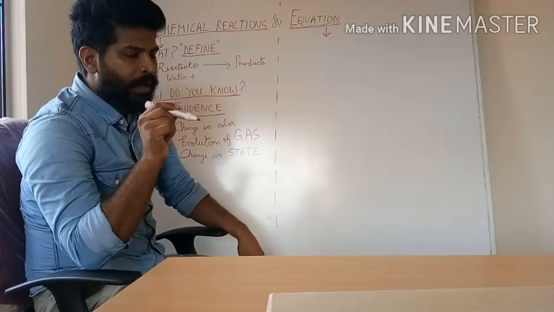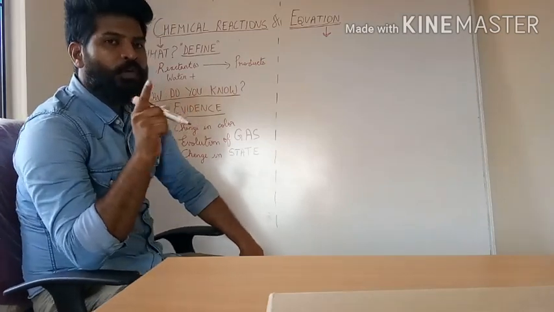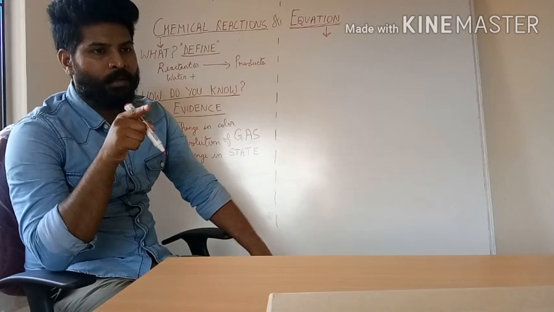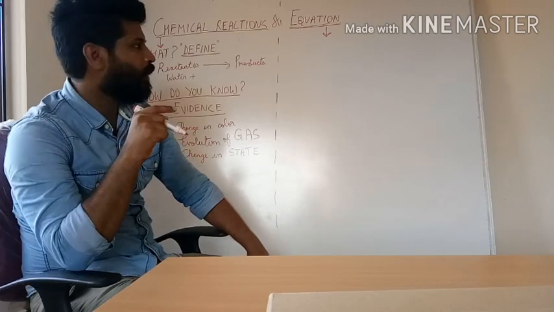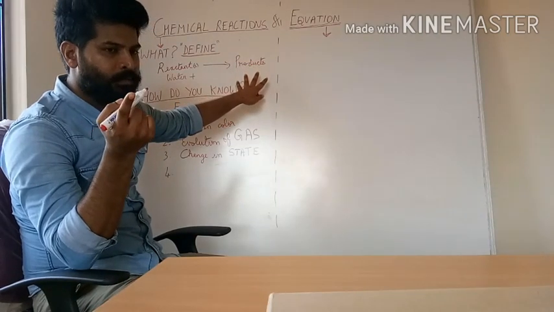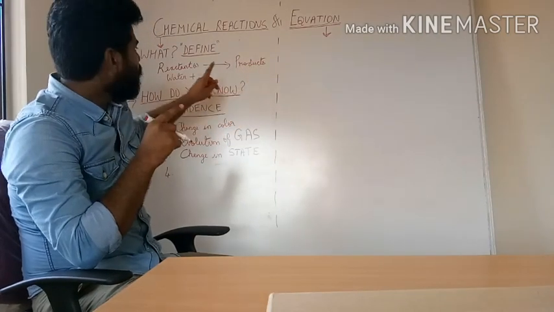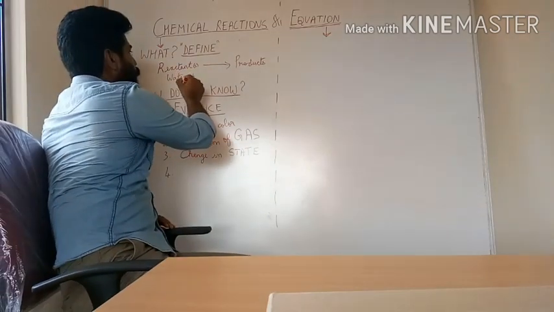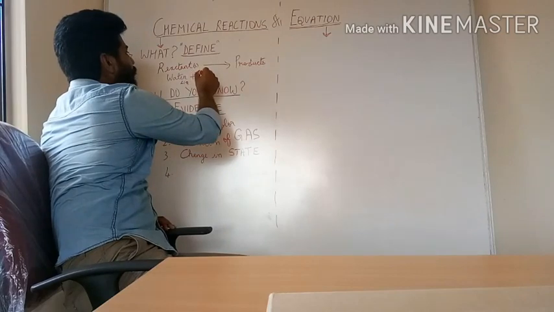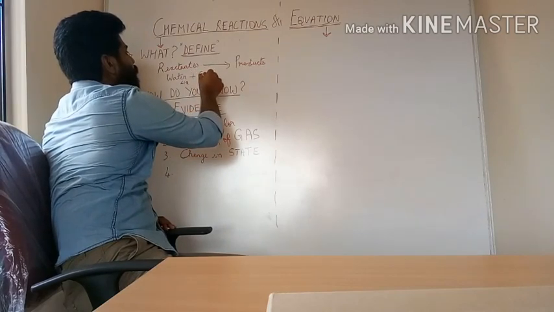So, in the same reaction, we took sodium metal that was solid, isn't it? Sodium metal was solid, and one of the products was a gas. So, the reactant was water. Water is a liquid, isn't it? Water is a liquid. Then to that we added sodium metal.